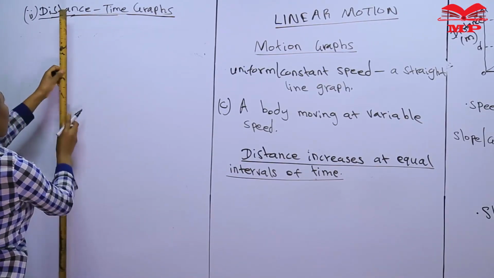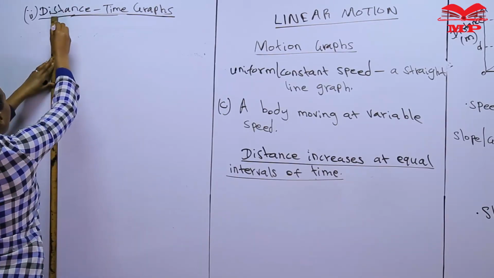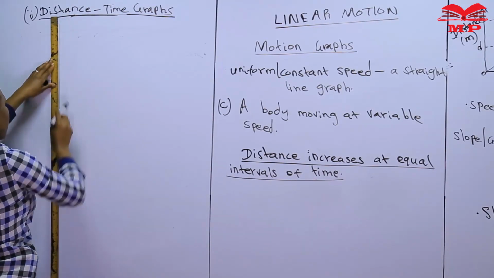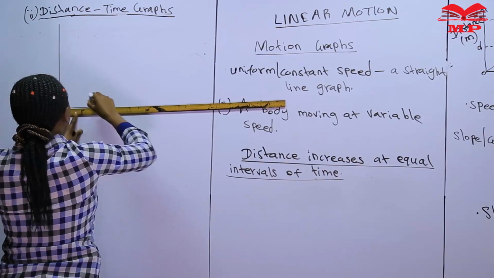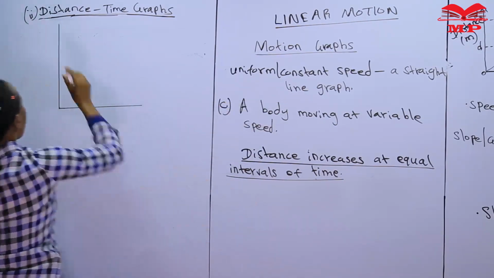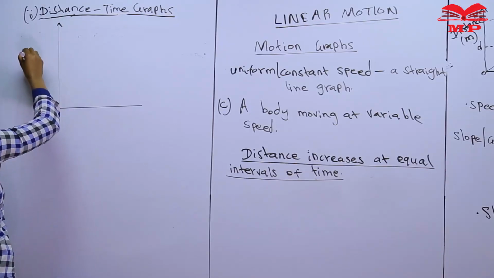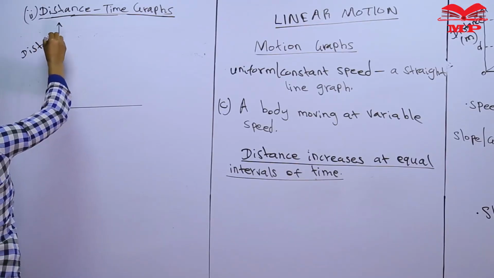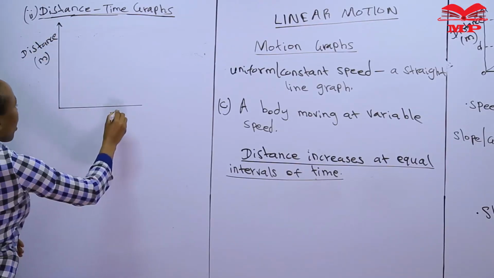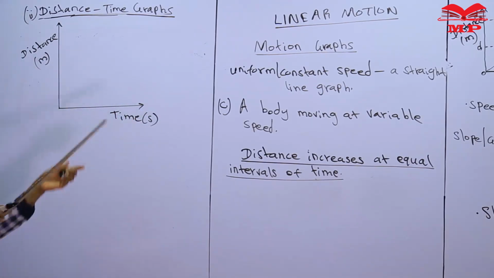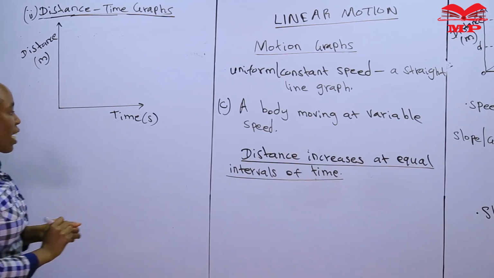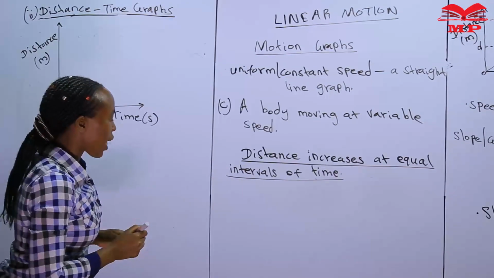So we are going to have the two axes, the distance axis in meters, and the time axis in seconds.